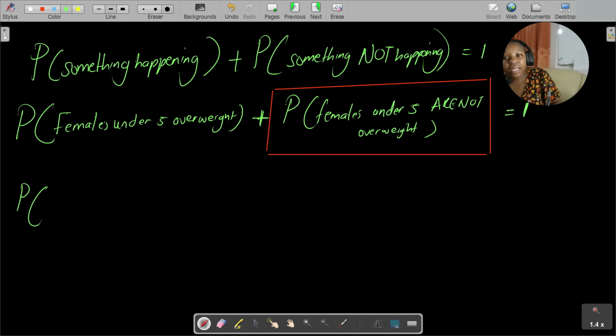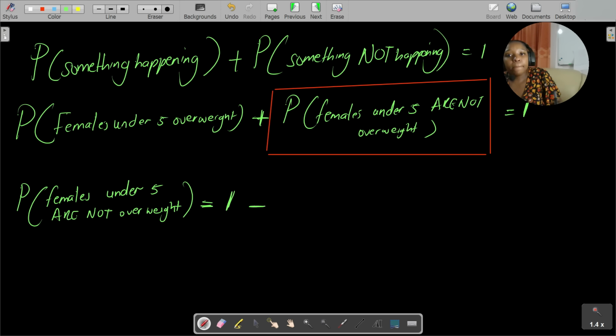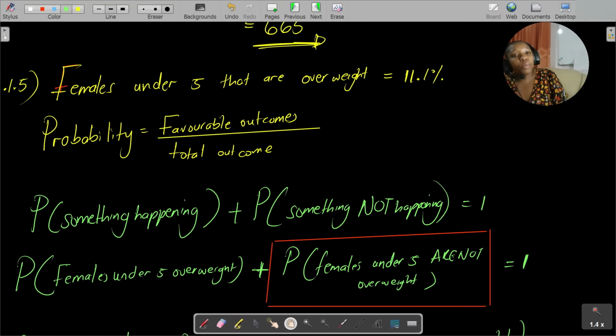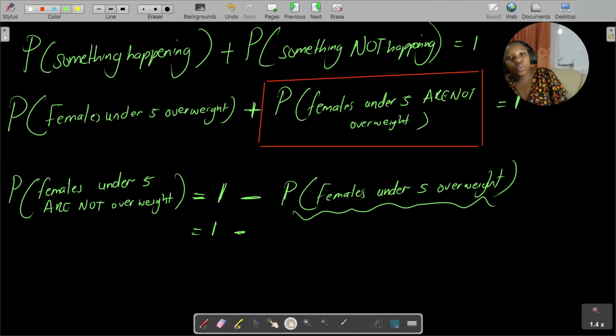So the probability that the females under 5 are not overweight is equal to 1 on the right hand side, minus this value, the probability that the females under 5 are overweight. That's it. So it's going to be 1 minus the percentage or likelihood that the females under 5 are overweight. Just go to the value. It's 11.1%.